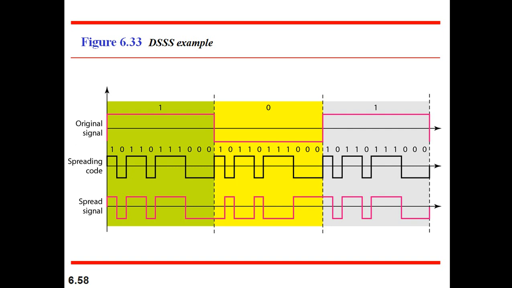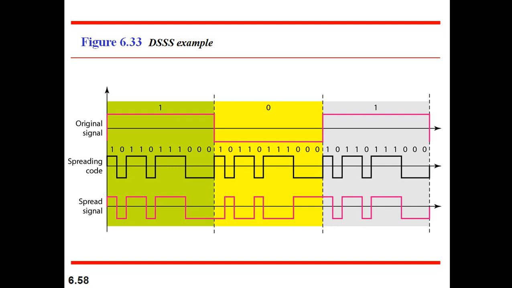Suppose you are spreading the signal by using some sort of spreading code that cannot be combined or separated, in that case we can say that the bandwidth cannot be shared.